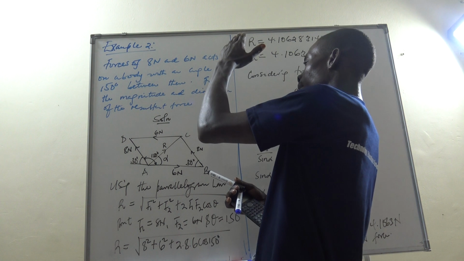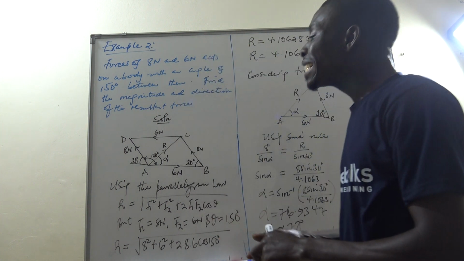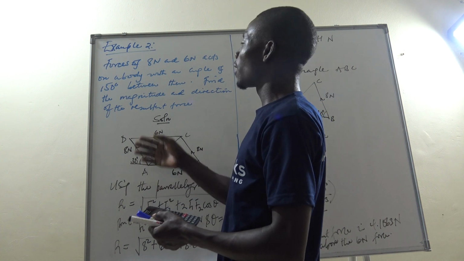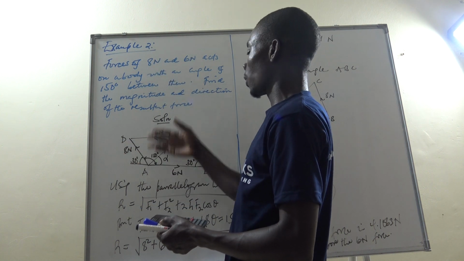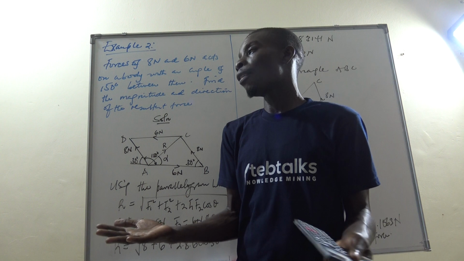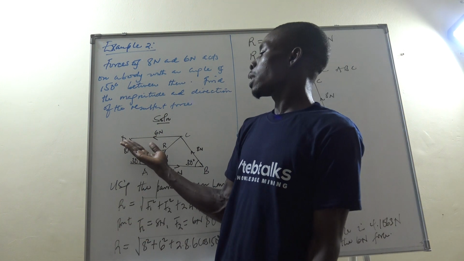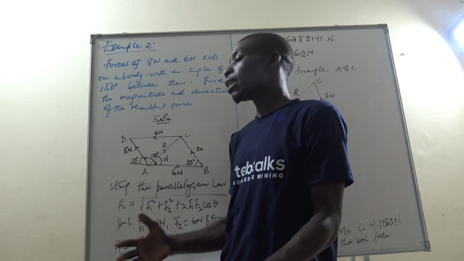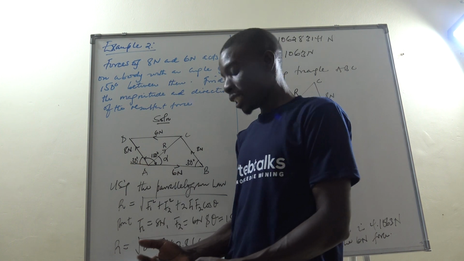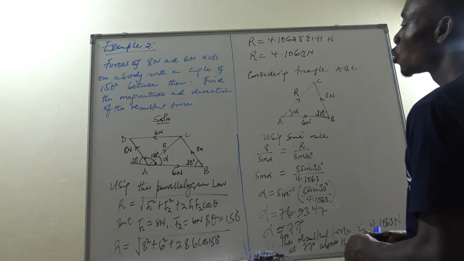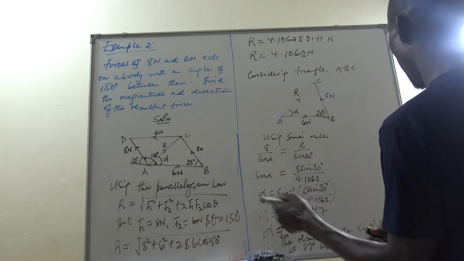But you should note that it is not a must that the first force is always here and the second one here. You can alternate the order, so don't ask yourself why. You can even say 6 is here and 8 is here, and you will get the same answer. What is very important is that you see how the drawings are acting.